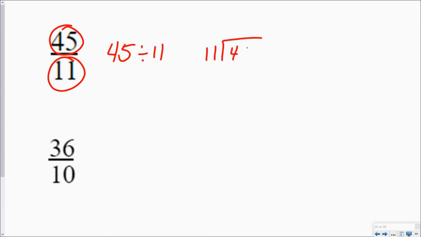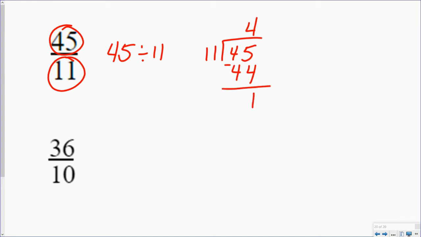So here I have 45/11. Well, this is an improper fraction because my numerator is larger than my denominator. So I could change this to a mixed number and then see if I could simplify it down any more. To do that, I take 45 and divide it by 11. 11 goes into 45 4 times, which gives me 44, because 4 times 11 is 44.